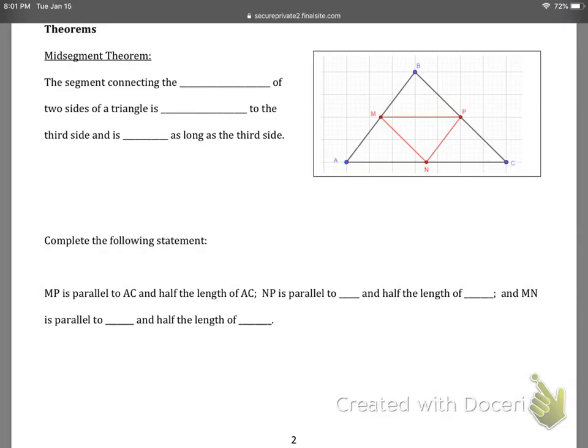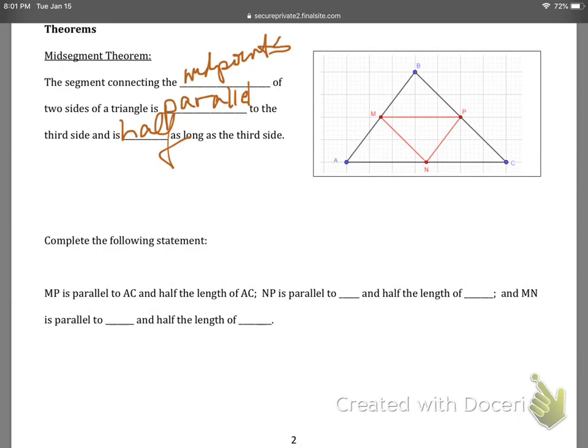So let me just pull in another picture. So here's the picture I want to look at. We've already filled in midpoints here, and we filled in parallel here, and we filled in half here. But now we can see the whole picture.